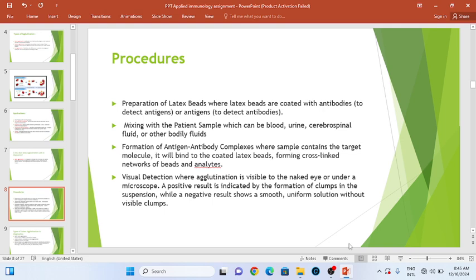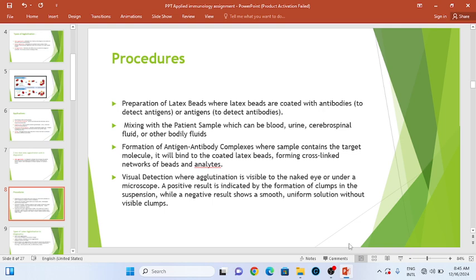Secondly, we mix with the patient sample, which can be blood, urine, cerebrospinal fluid or other body fluids. Thirdly, there is formation of the antigen-antibody complex, where the sample contains target molecules. They will bind to the coated latex beads to form a cross-linked network of beads and the analytes.